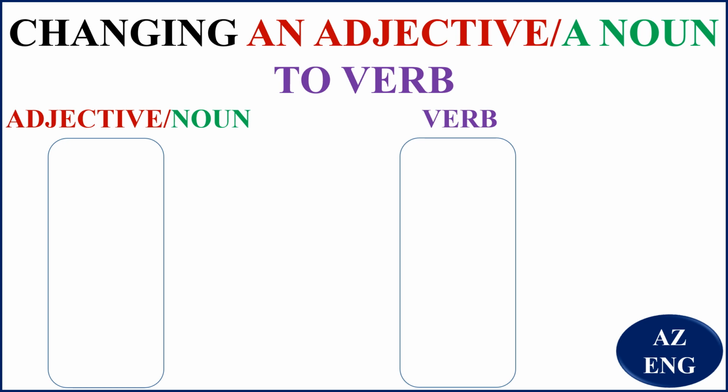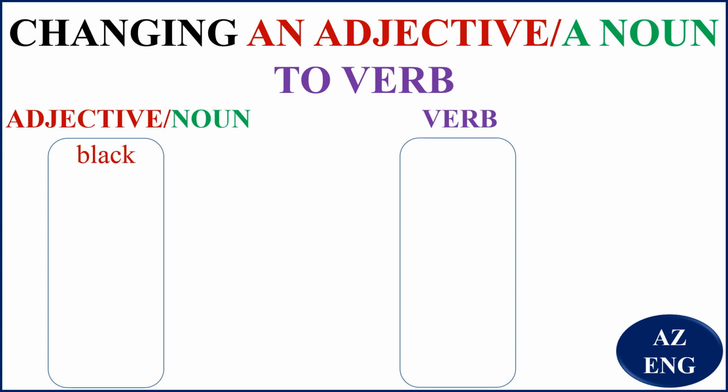Our first word is black. Black is an adjective because it tells you the color of something. So if something is black in color, now here is an adjective. The action, that is, if you want to make something black, what are you to say?